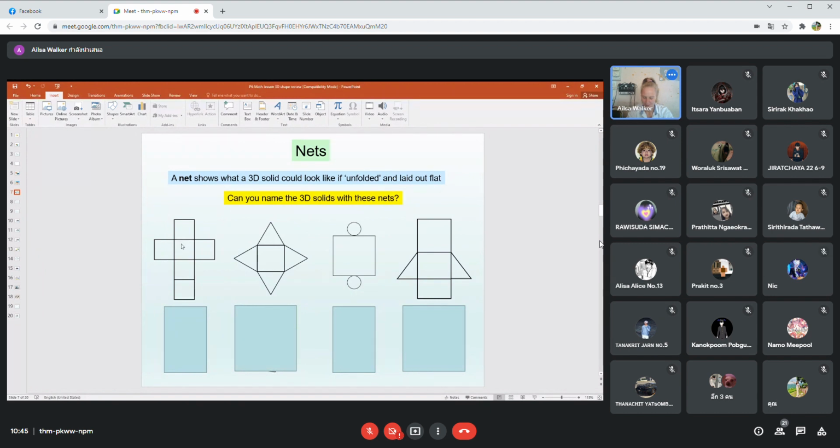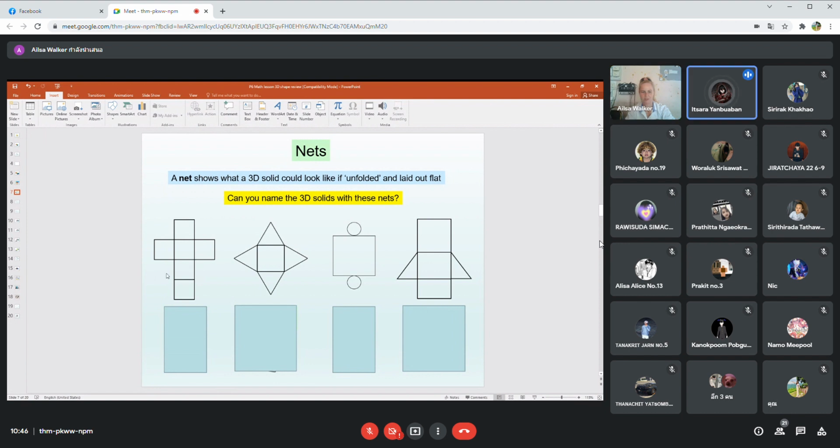How about Popiang? Do you know what shape this net will make? Not sure. Jam, do you know? No.